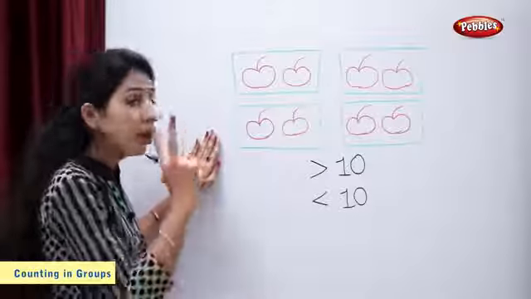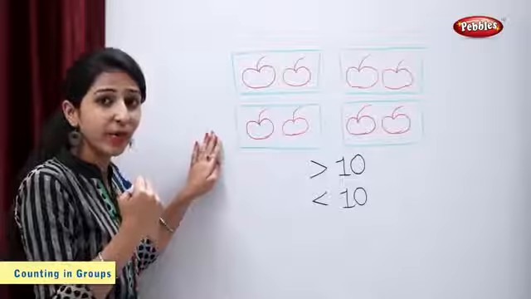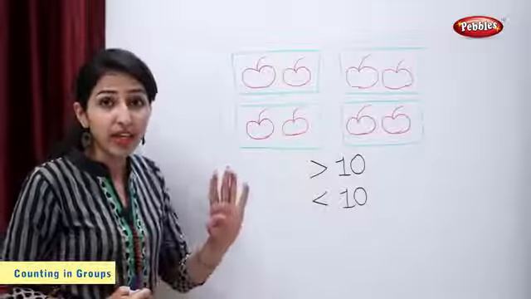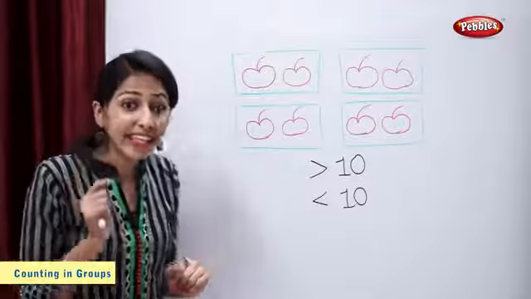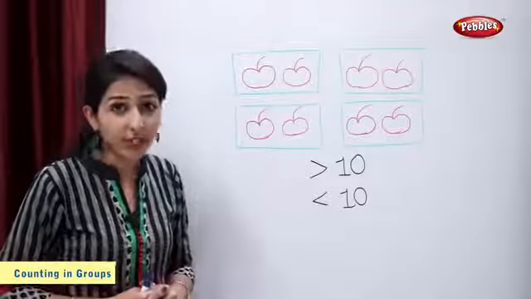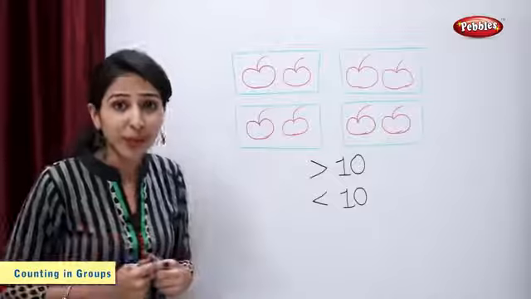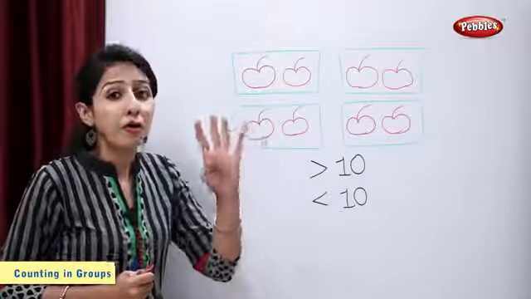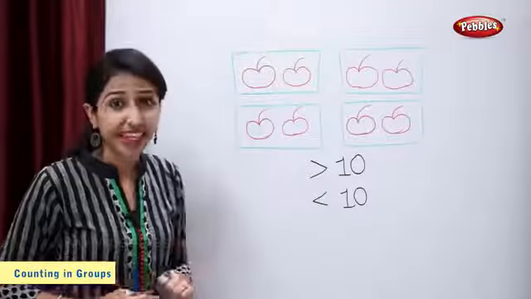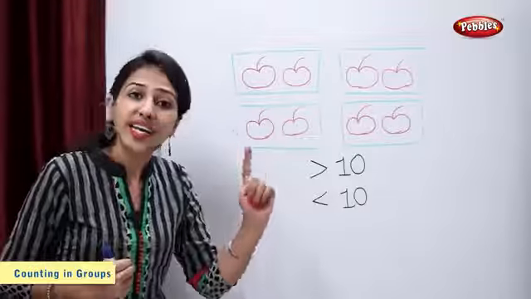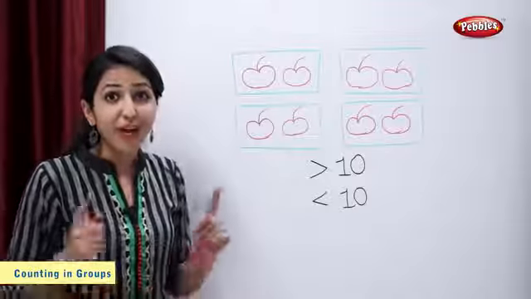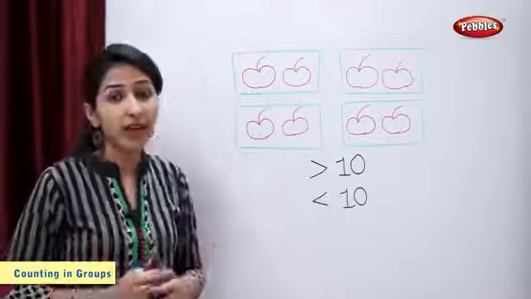There are 2 pairs in the second row. So there are total 4 pairs consisting of 2 apples in each pair. So tell me students, how many total apples are there? 4 pairs containing 2 apples each. That is equal to 8. So there are total 8 apples.